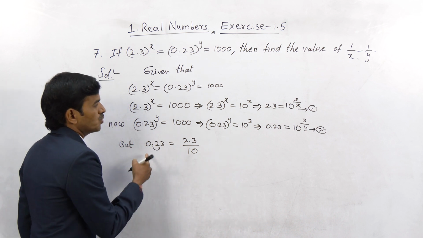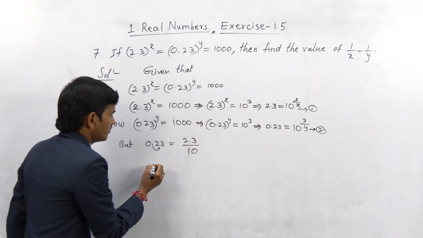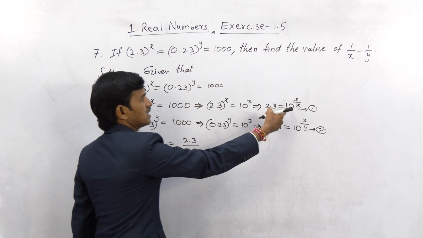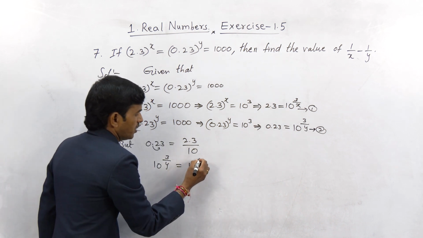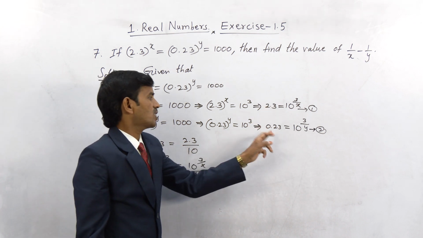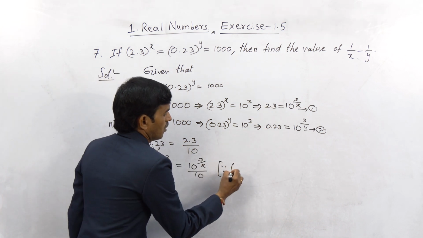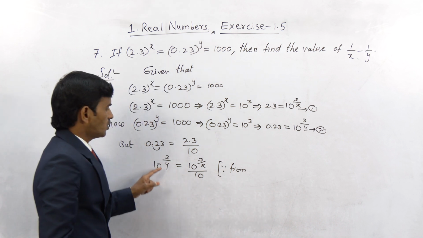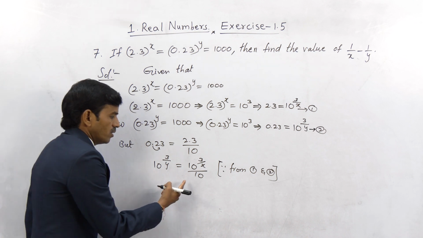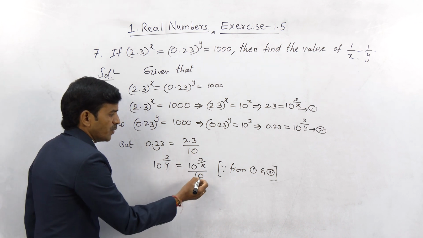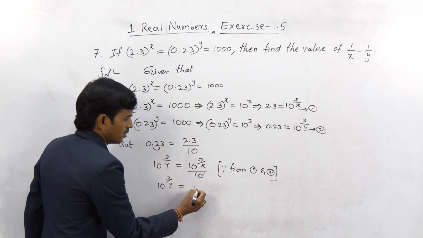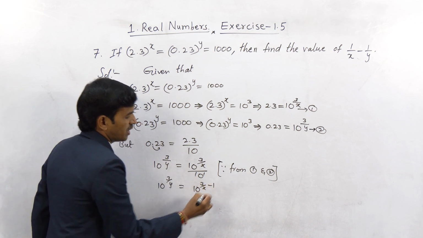So what is the 0.23 value here? 10 power 3 by y is equal to the 2.3 value, which is 10 power 3 by x, by 10. So according to equations number 1 and 2, we can write the 0.23 value as this and the 2.3 value as 10 power 3 by x. Now this denominator 10, if you bring it to the numerator, it becomes 10 power 3 by y is equal to 10 power 3 by x minus 1.